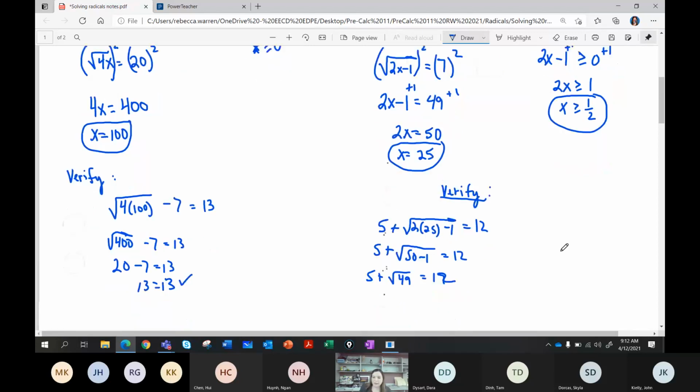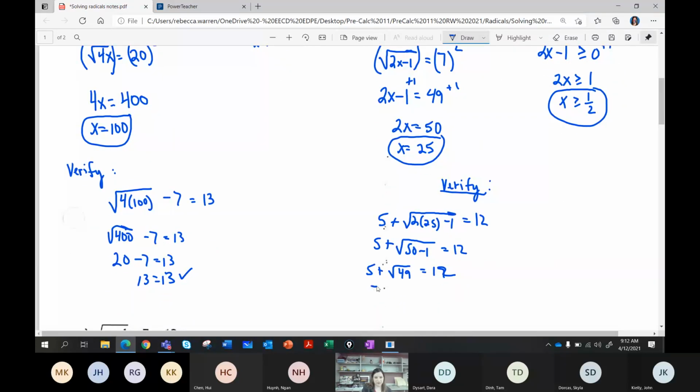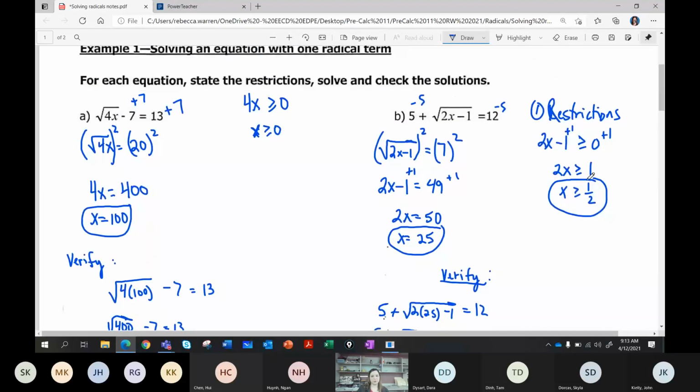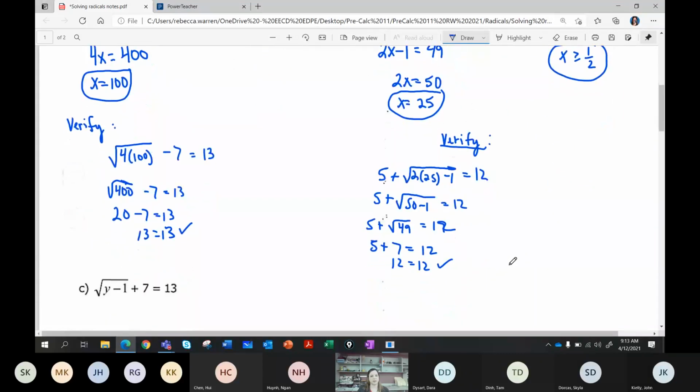The square root of 49 is 7. What's 5 plus 7? So 12 equals 12. Our solution is correct. Not only is it greater than 1/2, when I plug it in, the left side equals the right side. So I know my solution is correct.